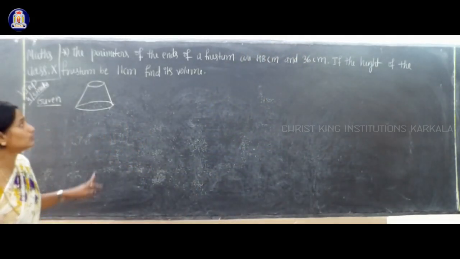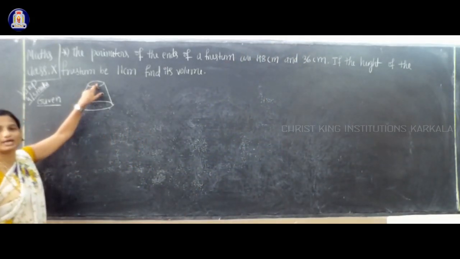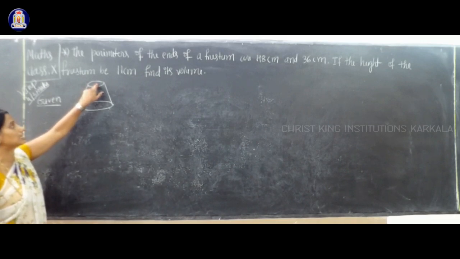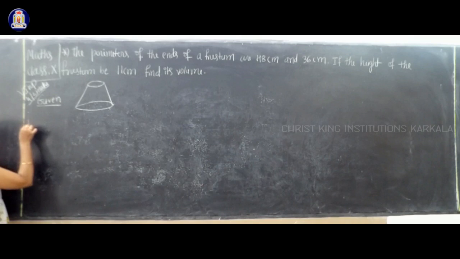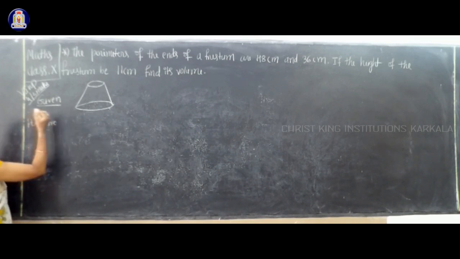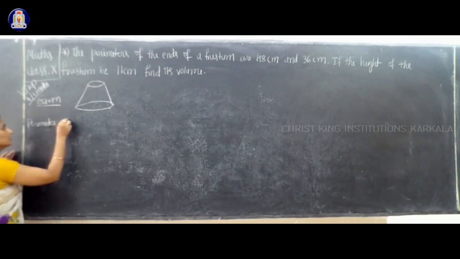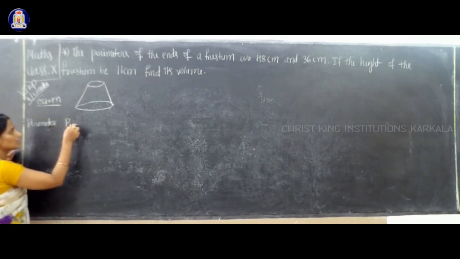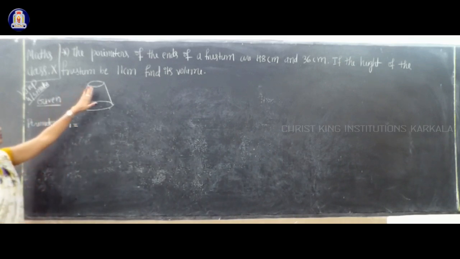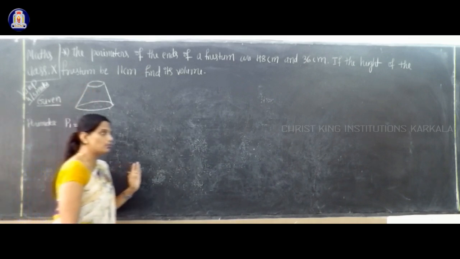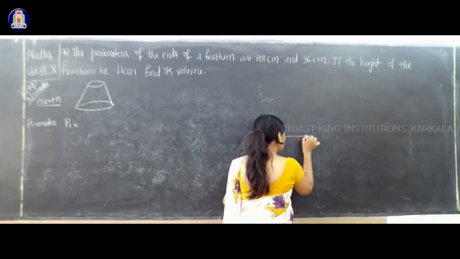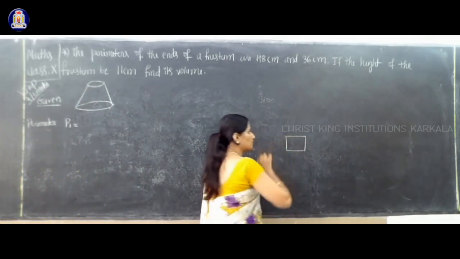Now you have to use the formula to find the perimeter of a circle. Already you know. Given is perimeter P1. What is the perimeter? Perimeter and circumference are both the same. First, what is the shape of this one?